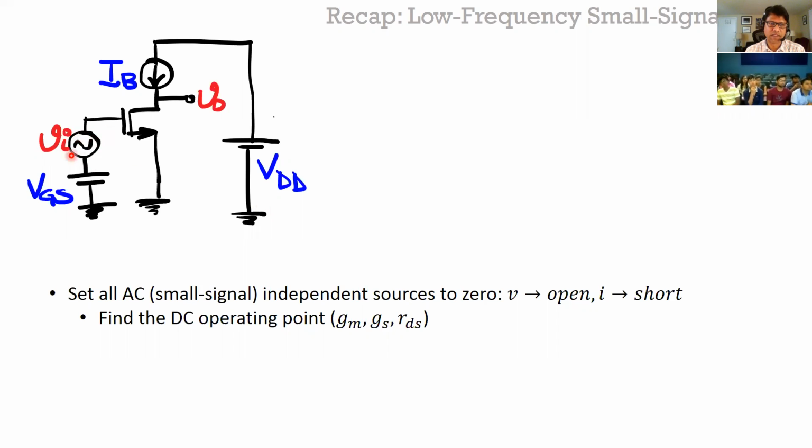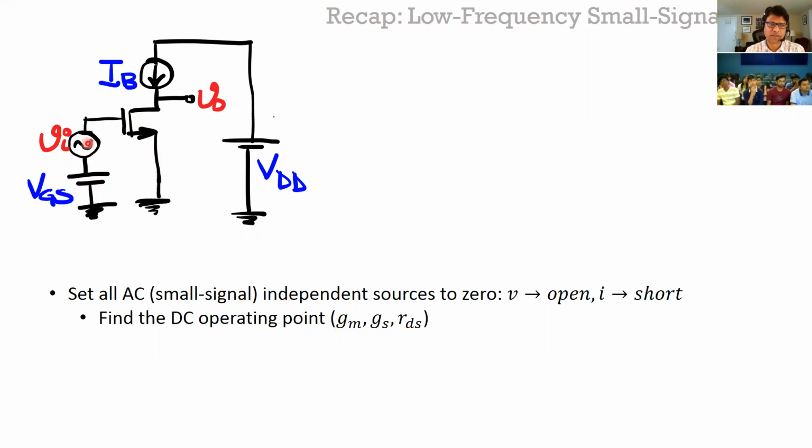Like, for example, this Vi to 0, because this is a voltage source, this will become a short, right? Once you set that, then find all the DC operating points. When I mean DC operating point, the small signal parameters, like the transconductance of this, the GDS of this, the backbody effect of this, and so on. So that's your linearized DC operating point.